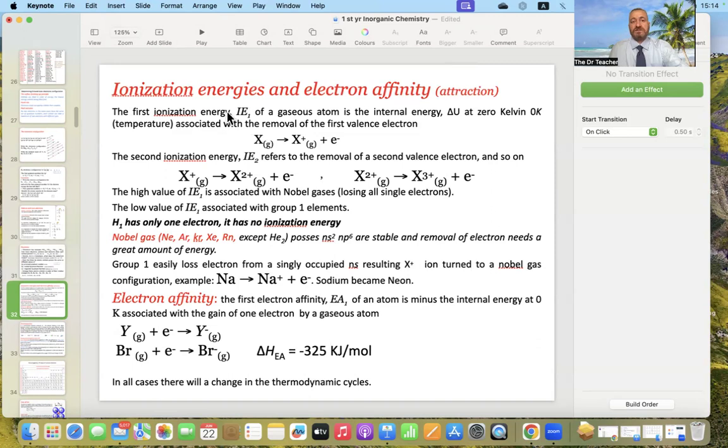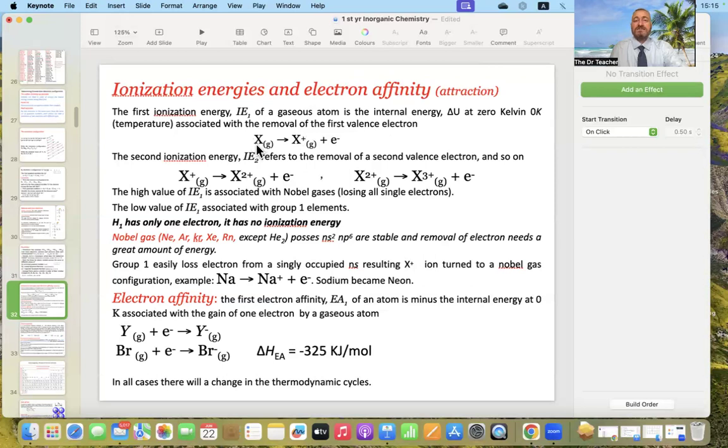The first ionization energy is symbolized IE1. The first ionization energy of a gaseous atom is the internal energy change, delta U, at 0 Kelvin associated with the removal of the first valence electron.